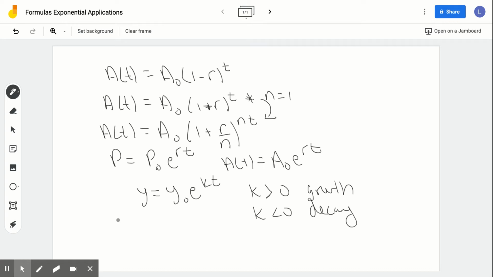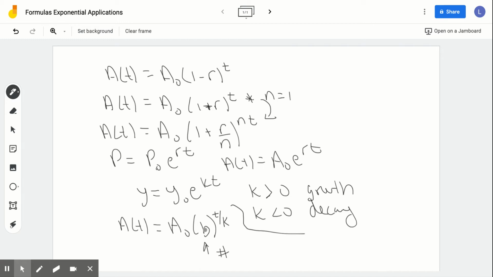And then the last formula, which you may recall, A of t equals A sub 0. So they all have the starting amount, y sub 0 here. This one's a little bit different, b to the t over k power. So not this k here, totally a different k. This is if you know that the amount of money is doubling or tripling, or it's a half-life. B is the number that you're multiplying by. So if it's doubling, you have a 2.